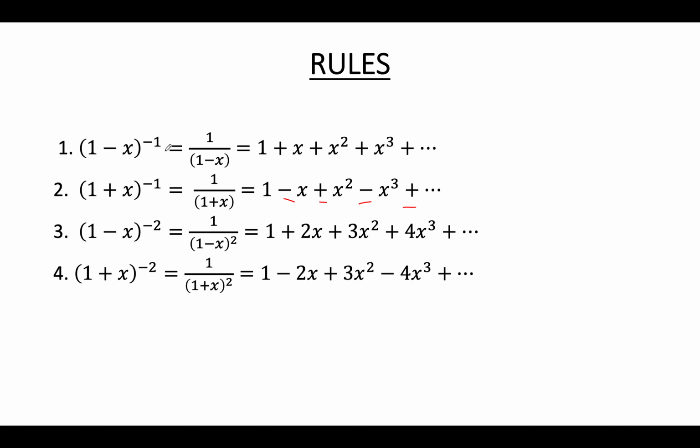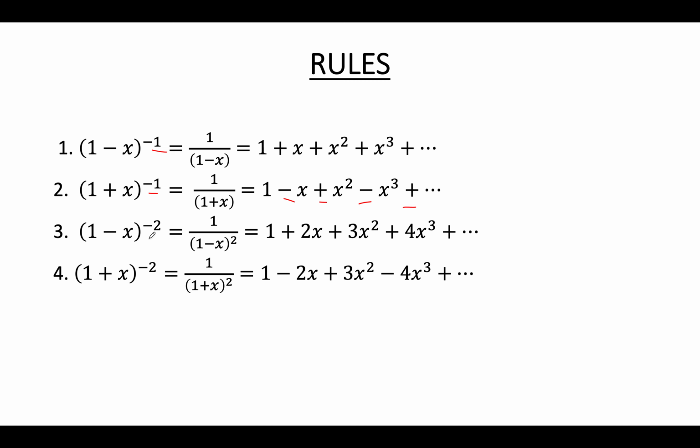So when it is power 1, then the number beside x is equal to 1. Okay? If it's minus, then here we will have the same sign, which is plus. If it's plus, then it will alternate each time. So minus plus minus plus.